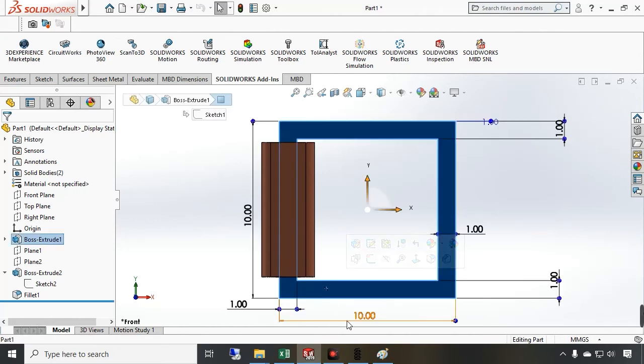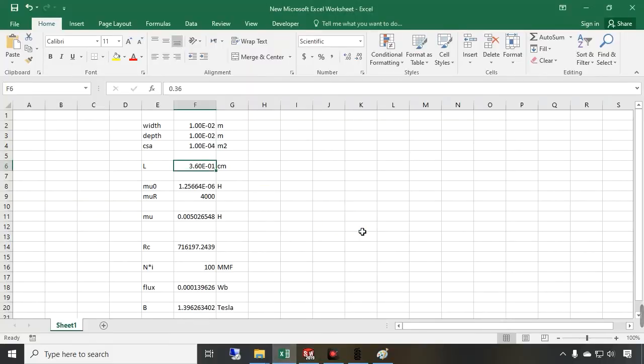Here, if you see the dimension, this is 10, and in the middle of this leg and this leg, the distance is 9. So we have 4 times 9, that is 36. So I write here 36e minus 2. So mu 0 is the permeability of the vacuum, that is 4 times pi times 1e minus 7.